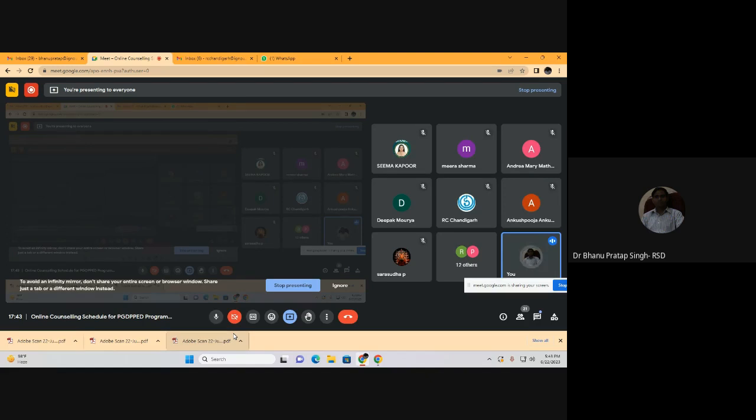What is the role of the study center? You know, the study center is the first contact point for the learner. Even your counseling sessions take place at your study center. Submission of assignments takes place at your study center. As far as this project is concerned, there should be a guide or mentor from the study center.